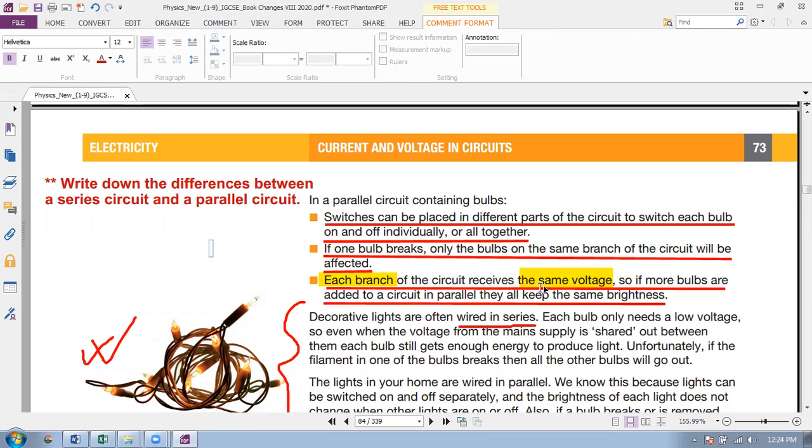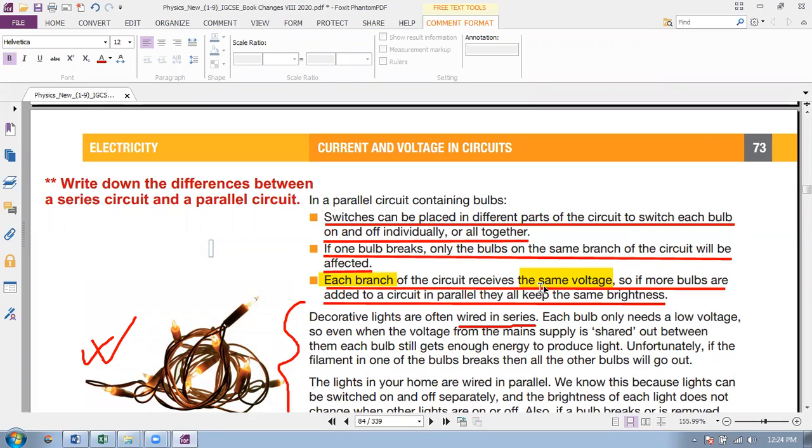In a series circuit, the voltage is shared between the components, and each component gets or drops different voltages. And in a parallel circuit, all branches receive similar voltage, the same as the supplied voltage.